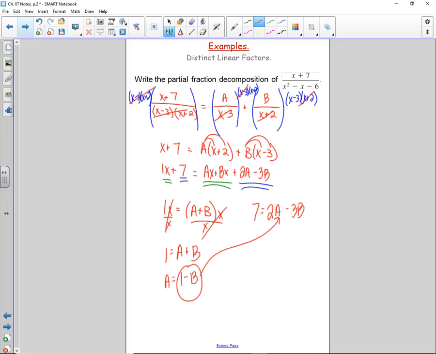Some of you elimination people, that's probably what I would have done. The substitution definitely works. Because right now, all we're doing is using our skills from 7.1, 7.2, and maybe even eventually 7.3 to solve. So we end up with 2 minus 2b minus 3b. If I subtract the 2, that's 5 equals negative 5b.